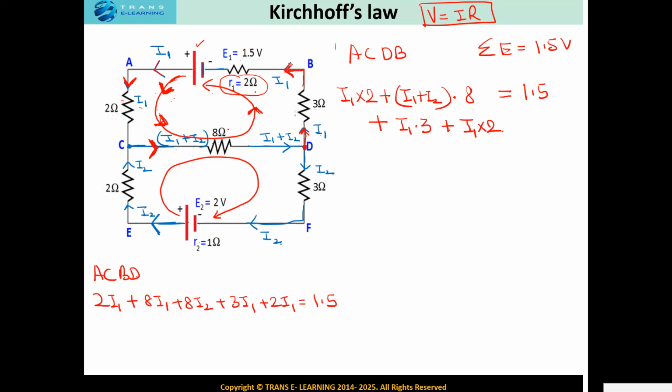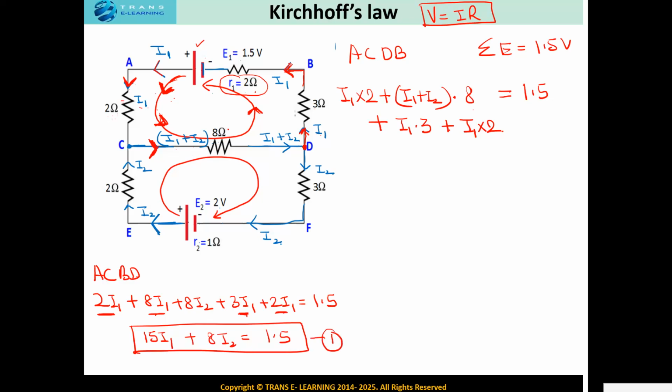If we add 2I1, 8I1, 3I1 and 2I1, this gives me 15I1 plus 8I2 is equal to 1.5. So this is my first equation that I have solved.